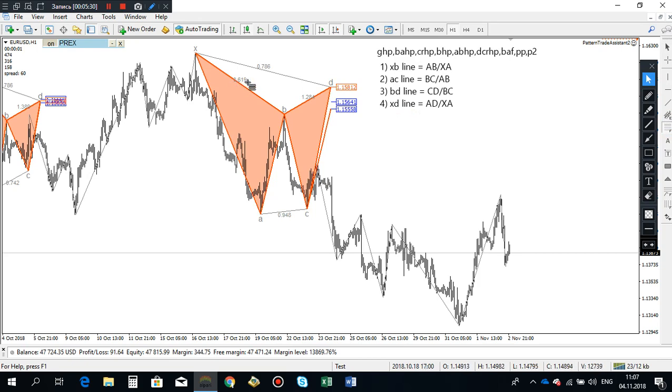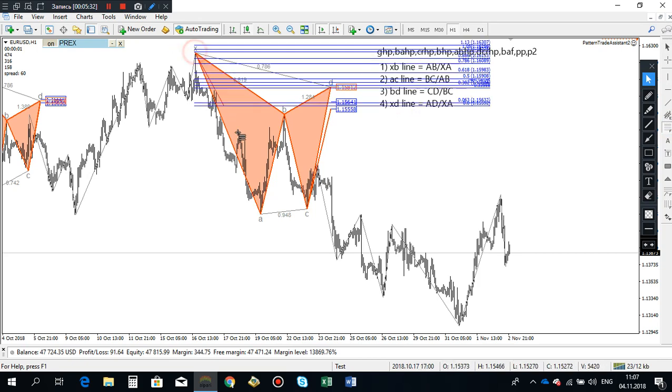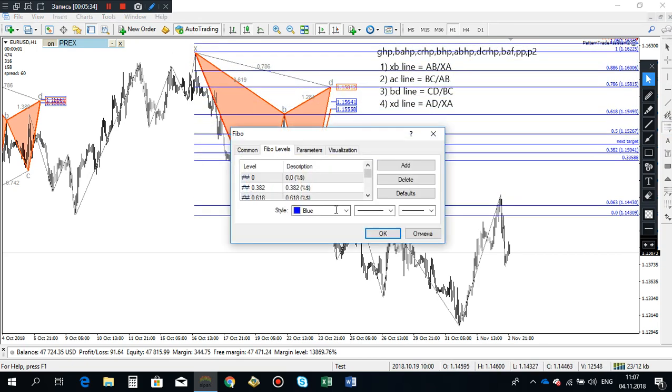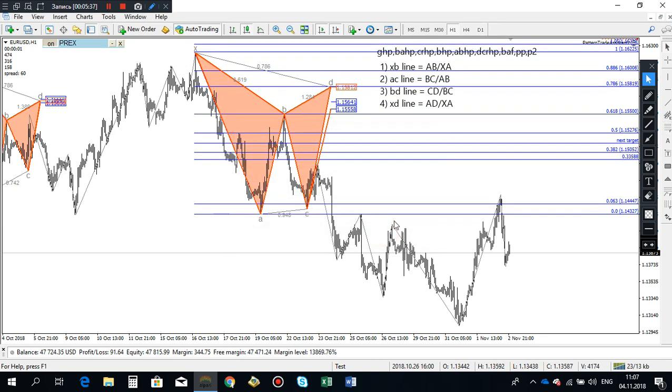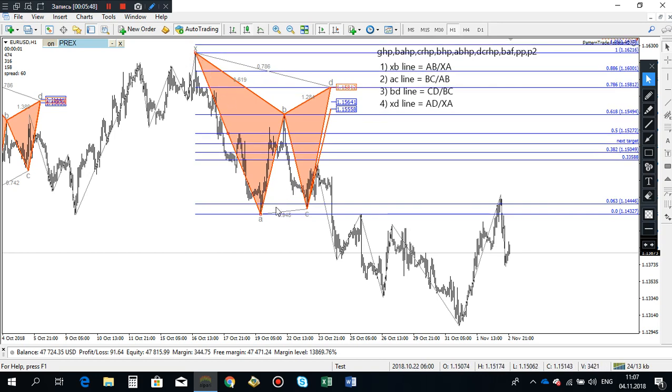The first one is the 0.619 ratio. Yes, we stretch the Fibonacci, and we hit OK. You see, I have 0.618 enabled, and here we see it is slightly exceeding, so it is 0.619. So no need to change my Fibonacci levels here.